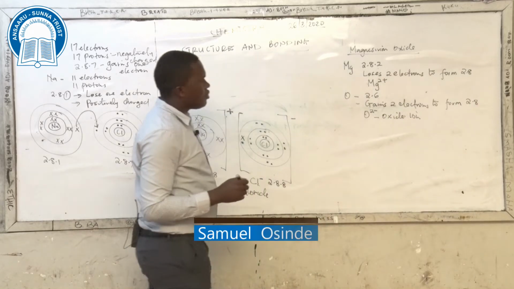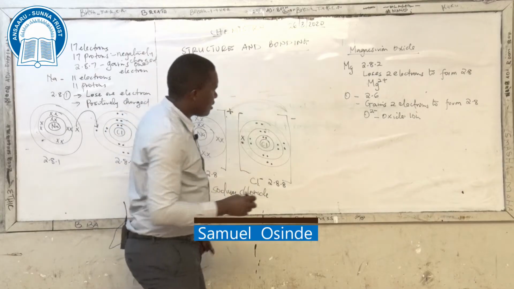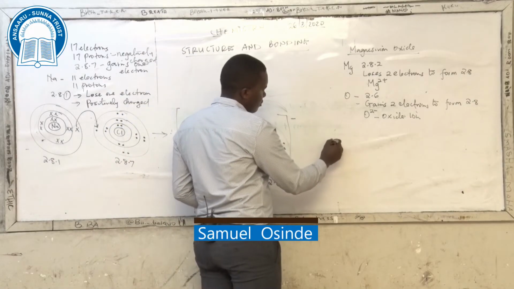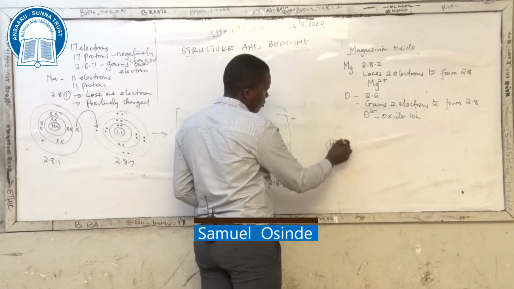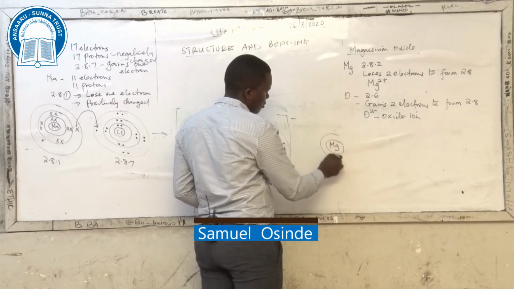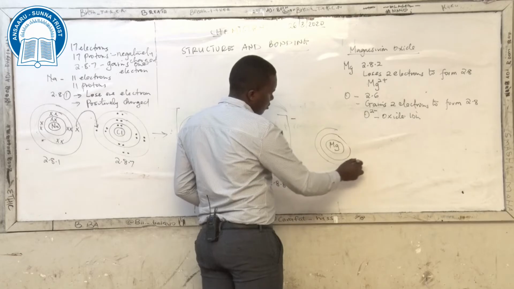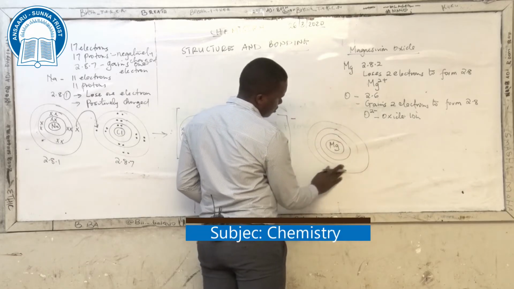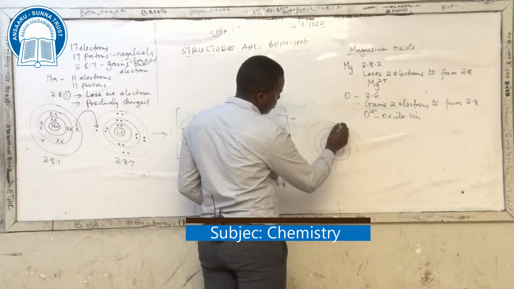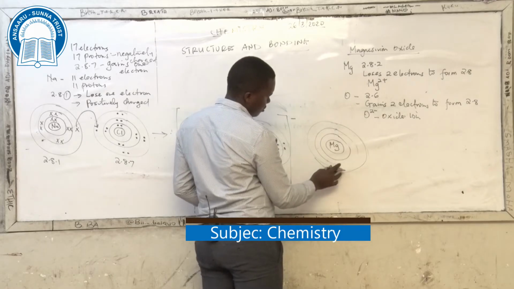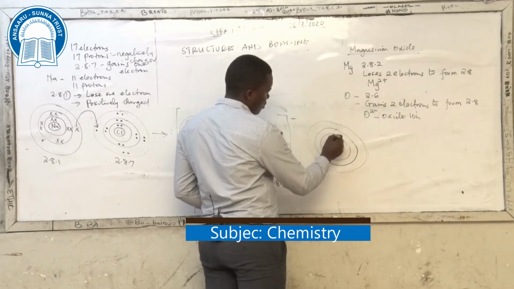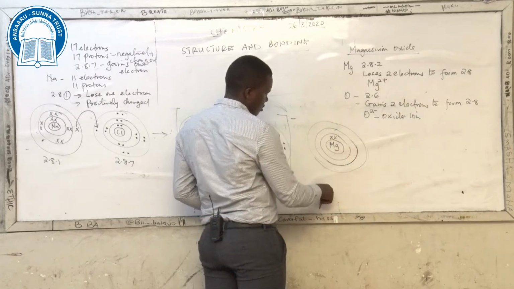So if you're asked to draw the structure of magnesium oxide, you start by drawing the magnesium atom. So you have first 2 there.